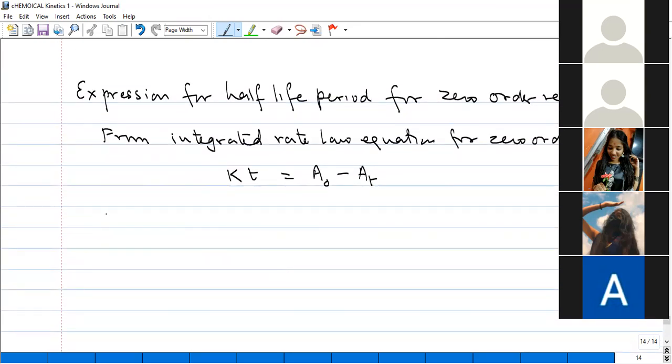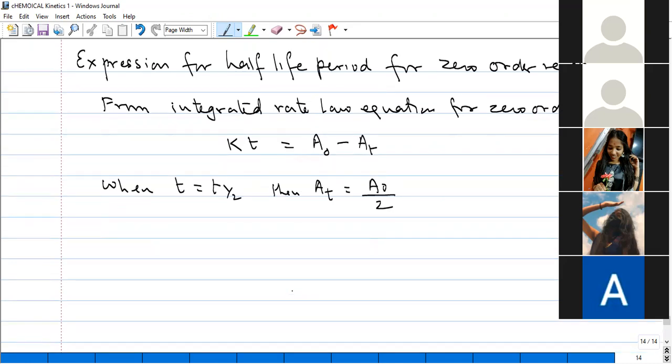When t is equal to t half, that means half-life period, At will be equal to half of initial. When t is equal to t half, At will be equal to A0 upon 2. So substitute that.